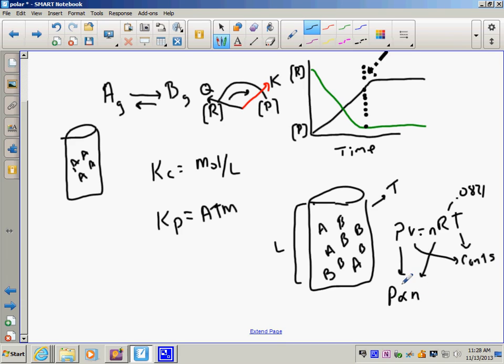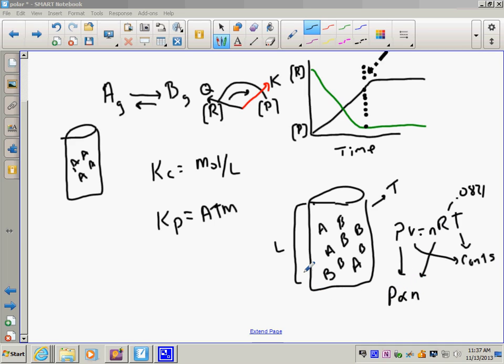We call this partial pressure: of the number of particles you have, how much of the pressure is due to those particles. If you put in just the A particles in here, you'll get the pressure of just A. The only way to change the partial pressure of B in this container would be to add more B. I could add some other chemical here, and it isn't going to change the partial pressure of B at all.